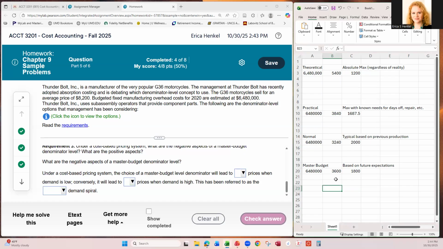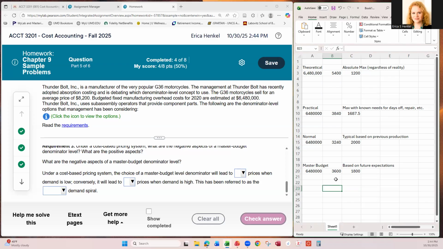So thinking about allocating overhead, if we're using the master budget one, then we're going to be allocating out our fixed overhead costs in terms of what we believe that we will put out there.